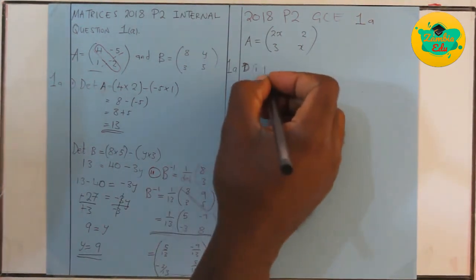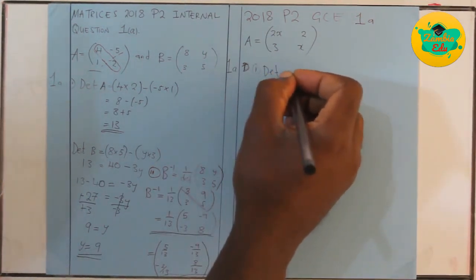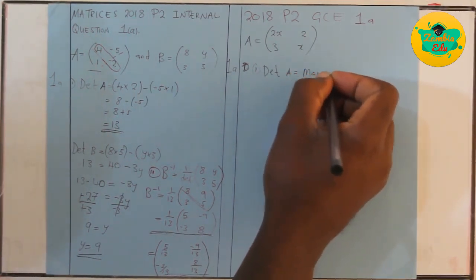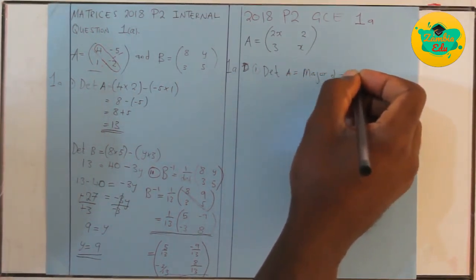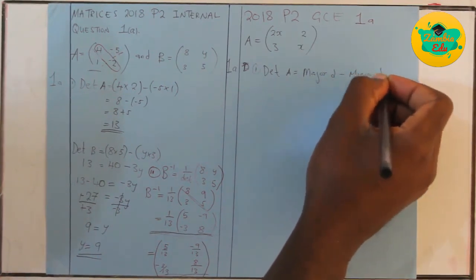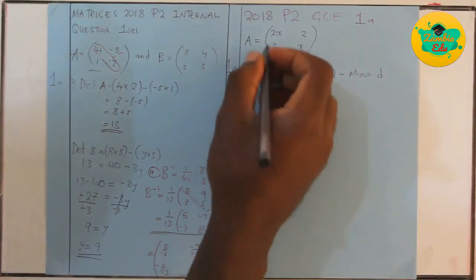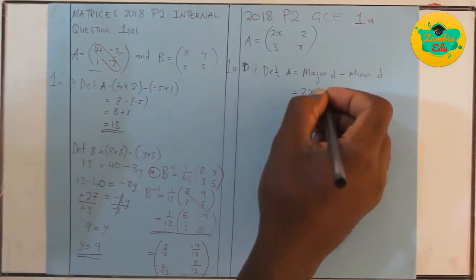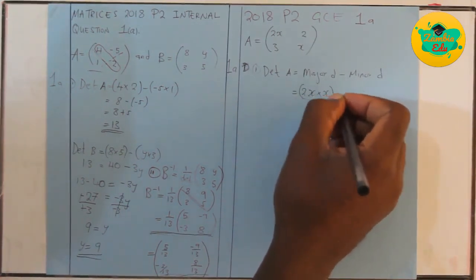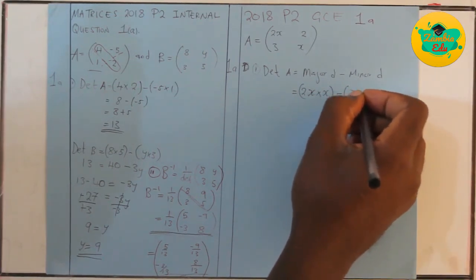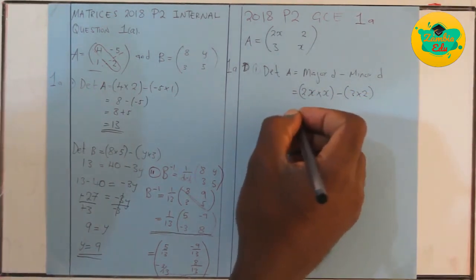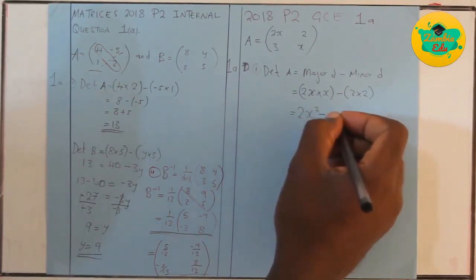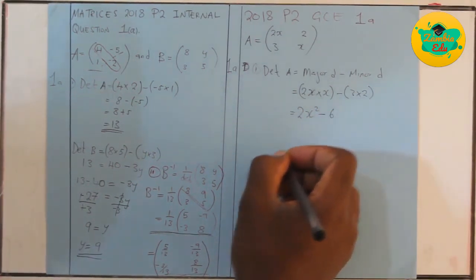So I'm going to say determinant A is equal to major diagonal minus minor diagonal, which is equal to 2x by x minus 3 times 2, that gives us 2x squared minus 6.